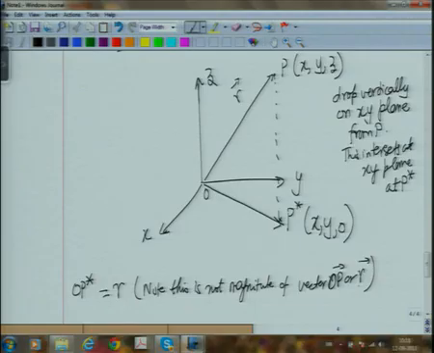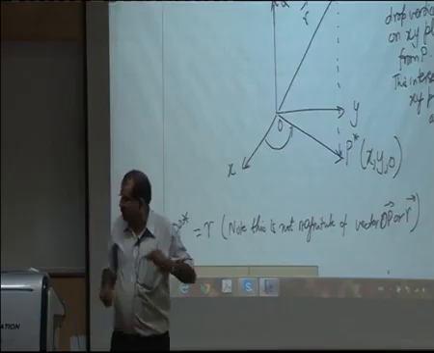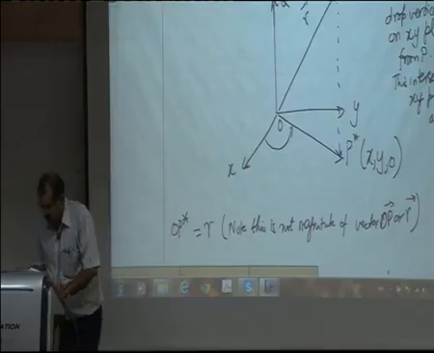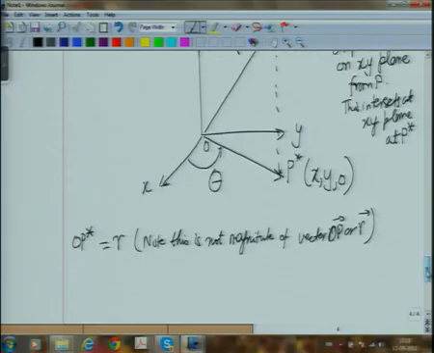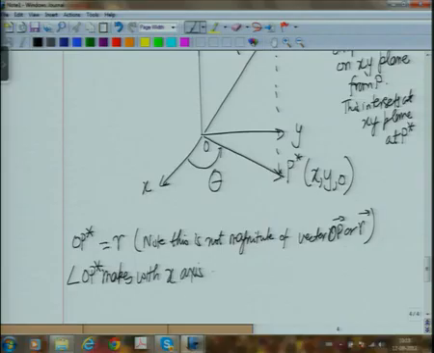Then the angle which OP star makes with the x axis, I call this angle theta. So, we have defined two new things, r and theta.